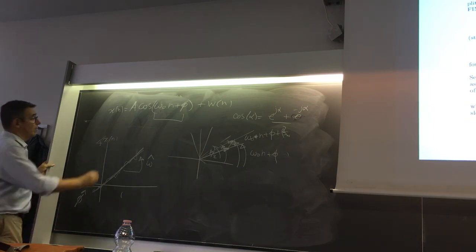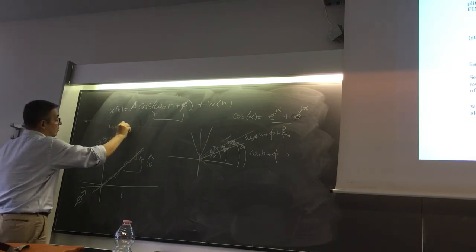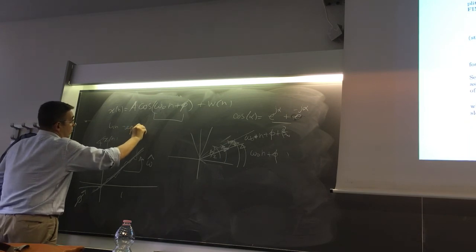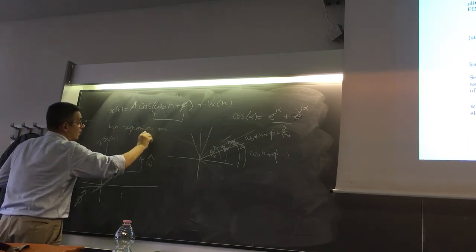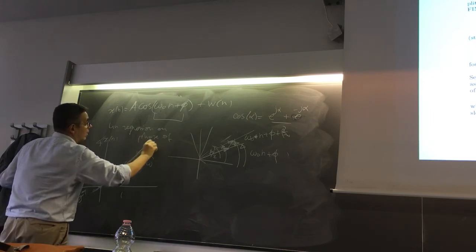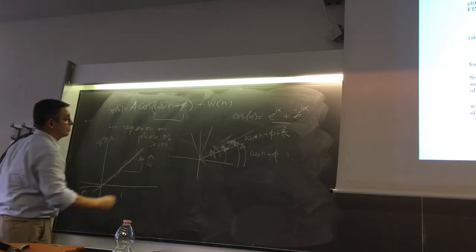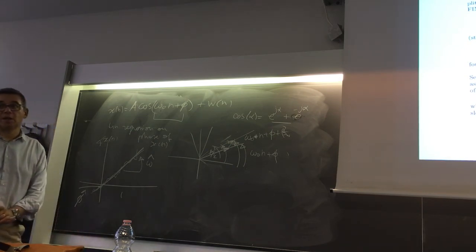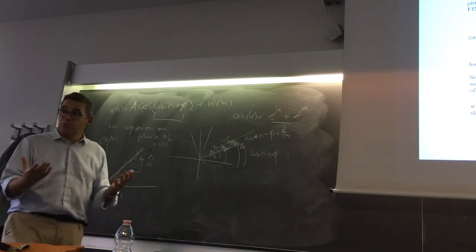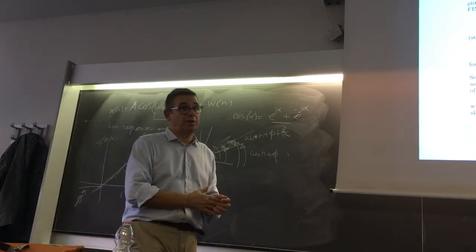So this problem is a linear regression problem on the phase of x. And this is the reason why the two formulas come out the same, because they are two sides of the same coin.